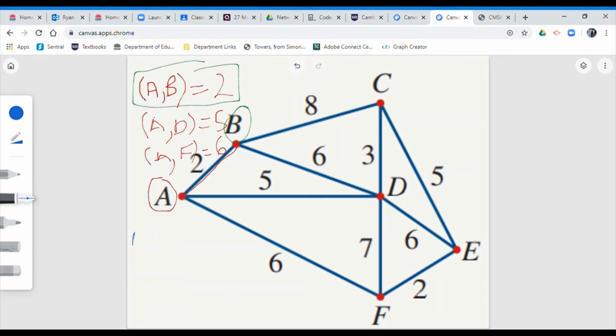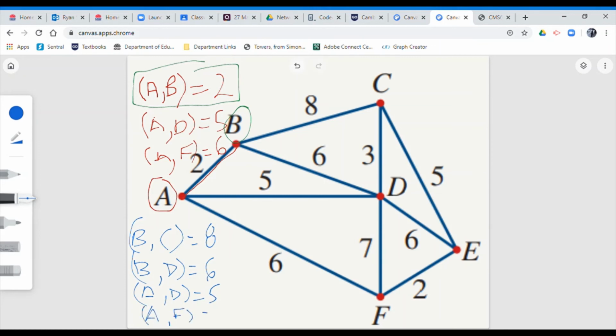So we've got B to C. That equals 8. We've got B to D, that equals 6. We've got A to D, which equals 5. And we've got A to F, which is 6.